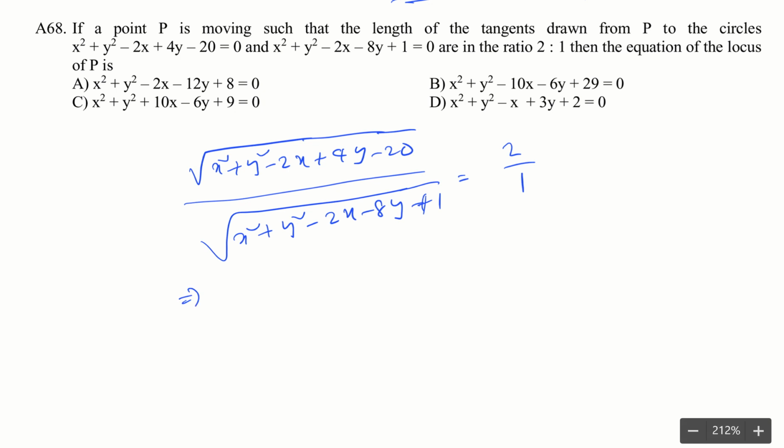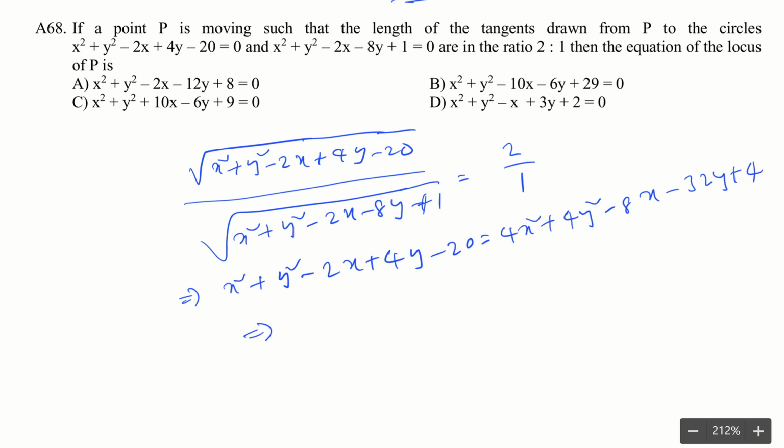Simply squaring both sides, cross multiplying and simplifying, you have x square plus y square minus 2x plus 4y minus 20 is equal to 4x square plus 4y square minus 8x minus 32y plus 4.